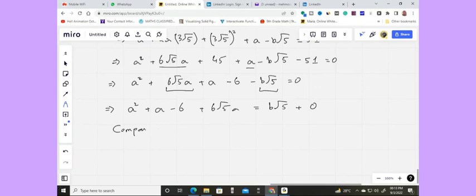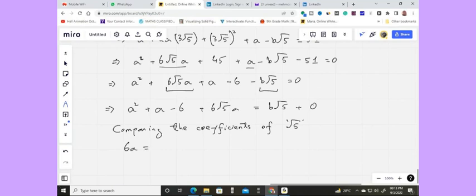So, comparing the coefficients of variable root 5, just take it in that sense. I'm not asking you to write this statement, I'm just writing it for understanding. Root 5 is considered as a variable here, just to form an equation. Are you getting it? So this tells me that 6a is the coefficient of root 5.